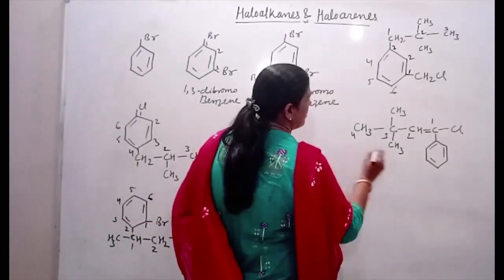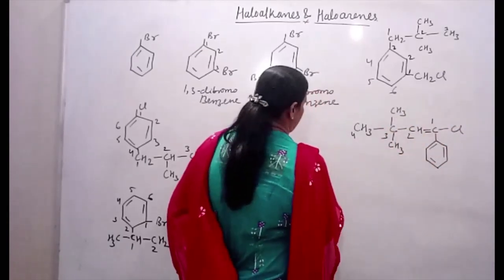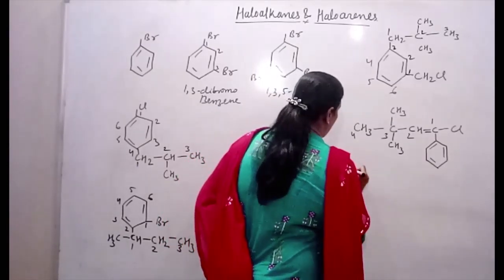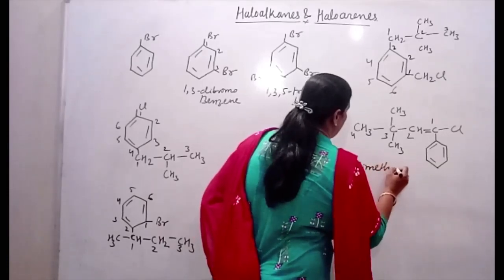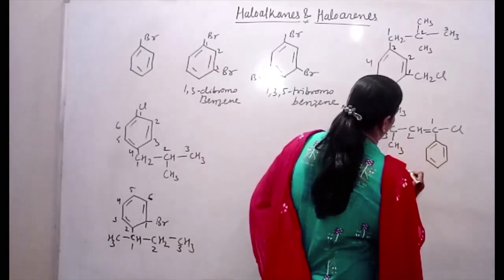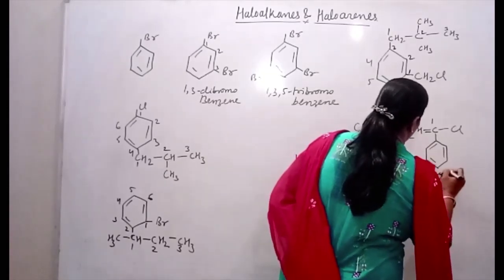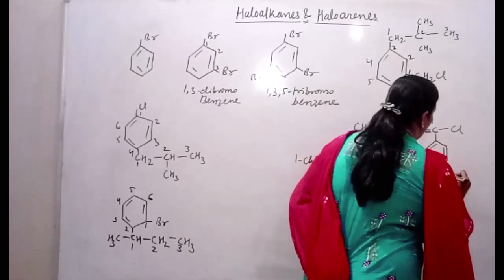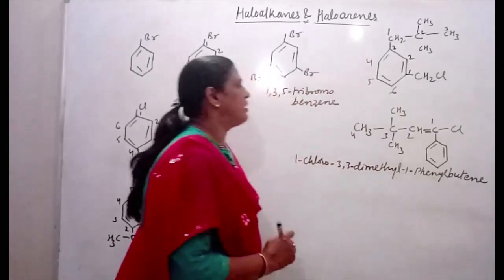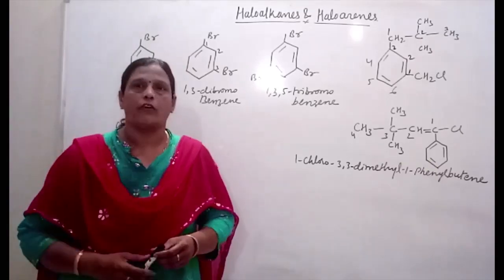This group is phenyl, this is chloro, this is methyl. Chloro comes first, so 1-chloro-3,3-dimethyl-1-phenylbut-1-ene. There is no need to mention the number of the double bond. Thank you for watching this video.